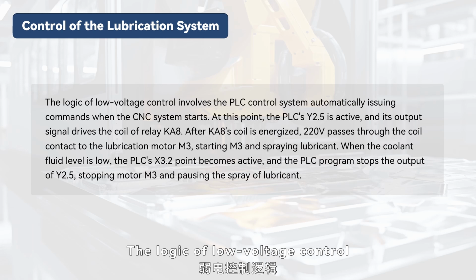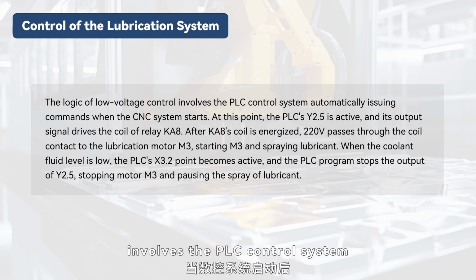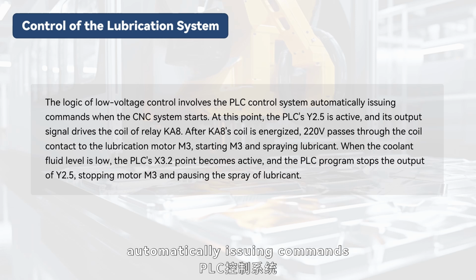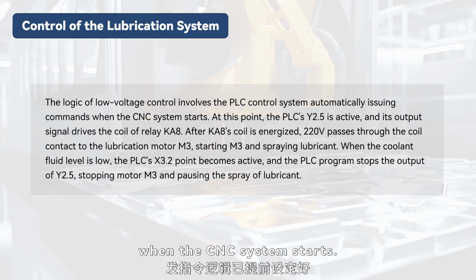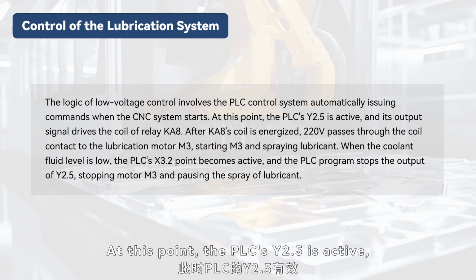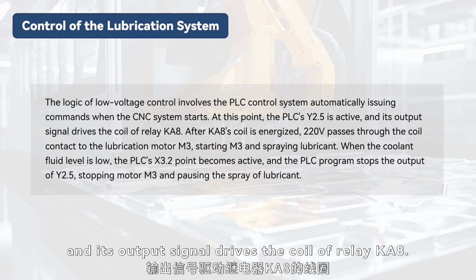The logic of low-voltage control involves the PLC control system automatically issuing commands. The command logic has been preset when the CNC system starts. At this point, the PLC's Y2.5 is active, and its output signal drives the coil of relay KA8.